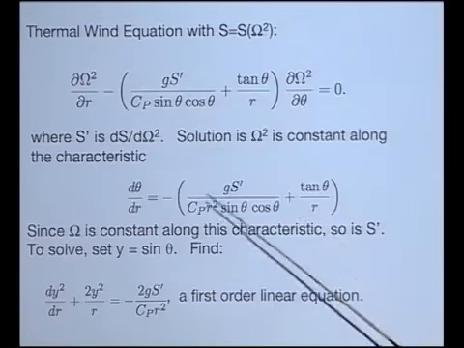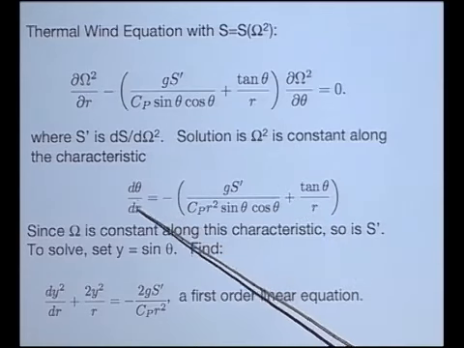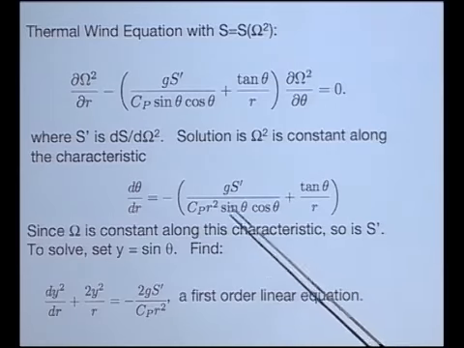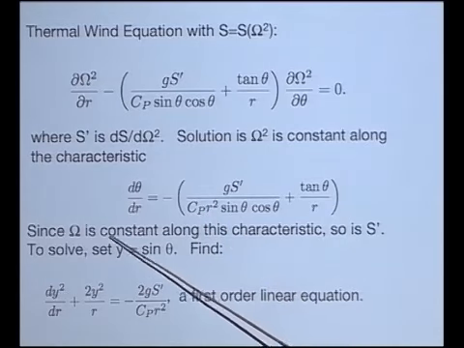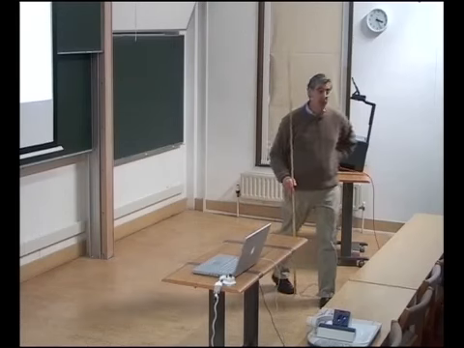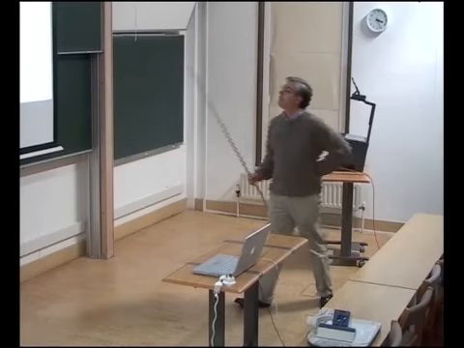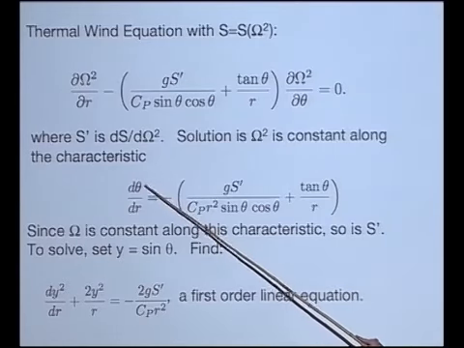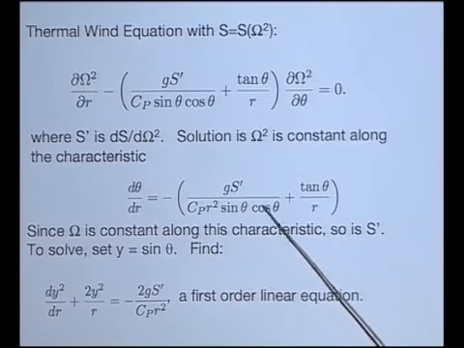Now, this partial differential equation can be solved using standard techniques. The solution is that omega squared is constant along the characteristic d theta dr, as you see here. It's important to note, since we are looking at a contour along which omega is constant, this also means that s prime, which is a function of omega, is also a constant.